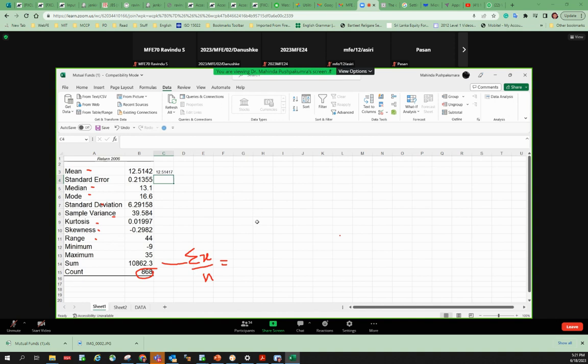What can you say about mean, median, mode, central tendency? Any interpretation from your side? Who can give a brief interpretation for mean, median, and mode?